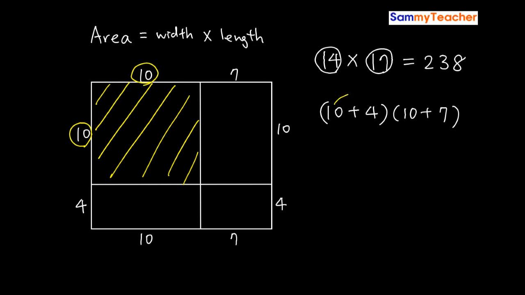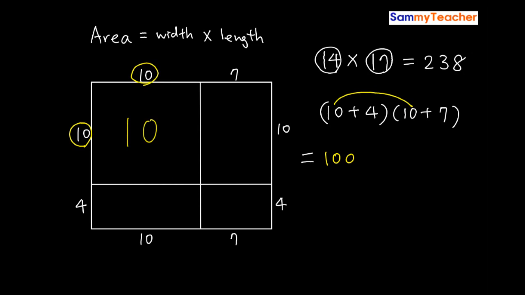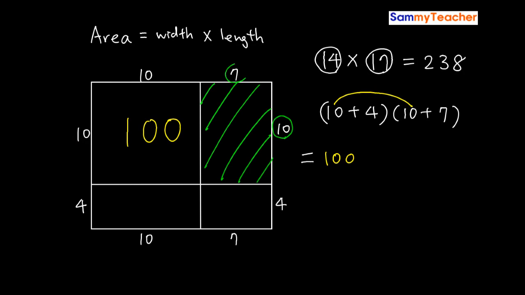So multiply this 10 by this 10, which will equal 100. And that's the area of this part. Next, to find the area of this rectangle, I should multiply 10 by 7. So 10 times 7 is 70.